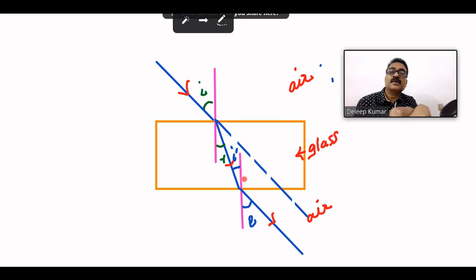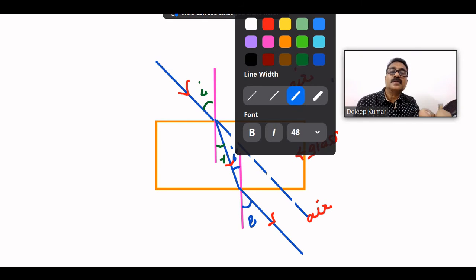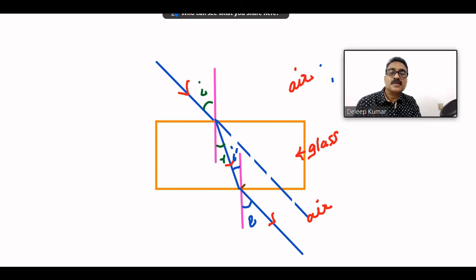From here to here. I'm going to mark that. This is the shift you can find. For this, we use a term called lateral displacement. This is lateral displacement.